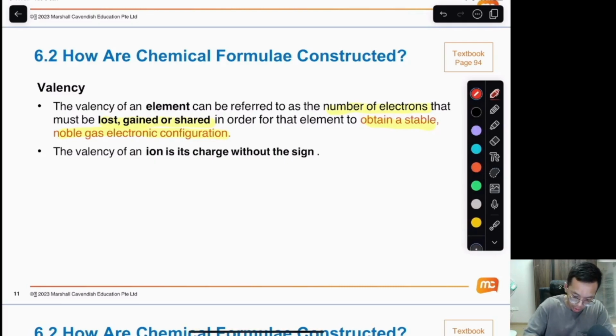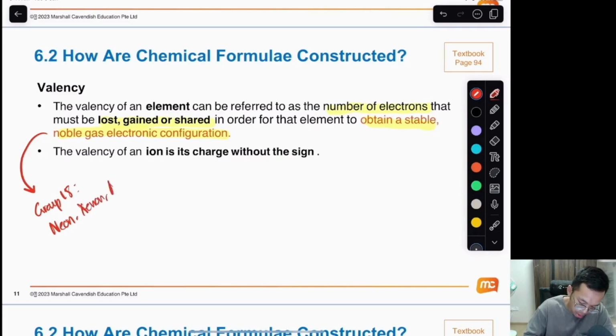So again, remember what noble gases are. Noble gases are found in group 18. Examples are neon, xenon, argon, things like that. Those are all group 18. They are called noble gases because they have a full valence shell.